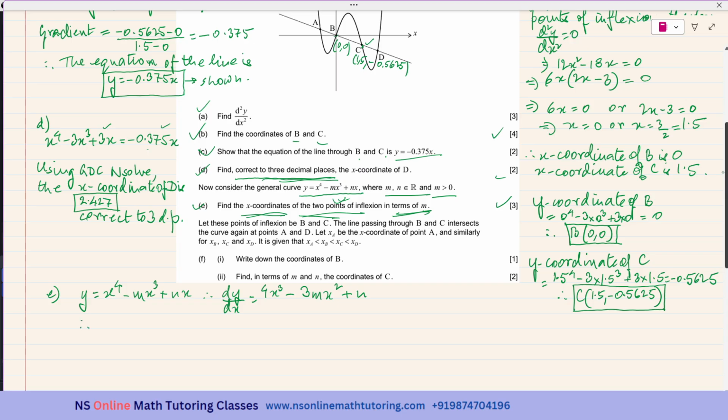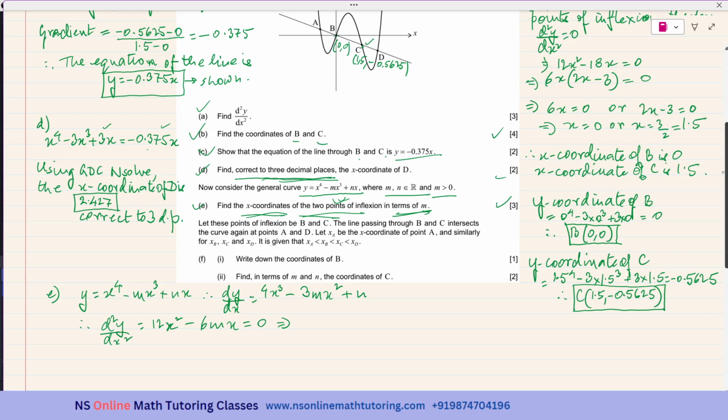So, therefore, the second derivative will be equal to 12x squared minus 6mx. Okay, and this should be equal to 0.